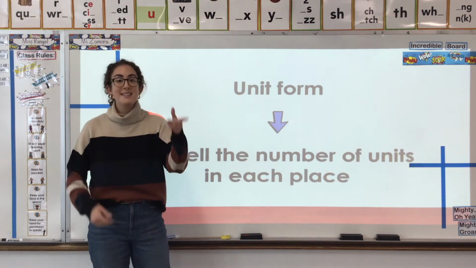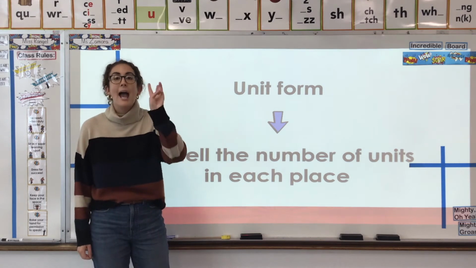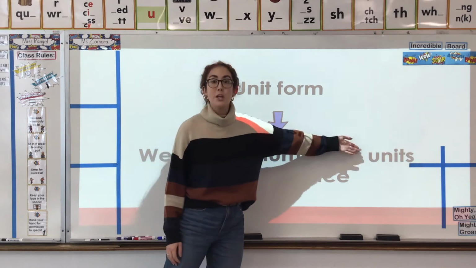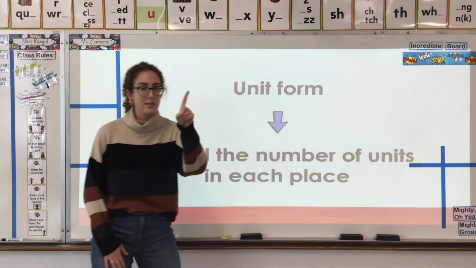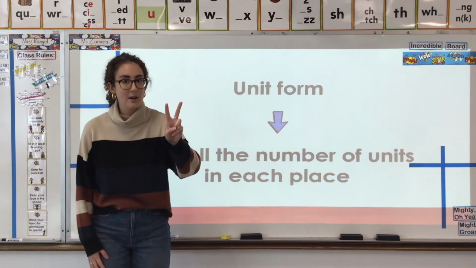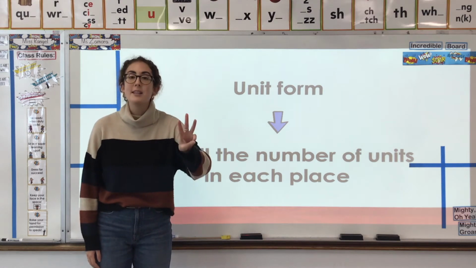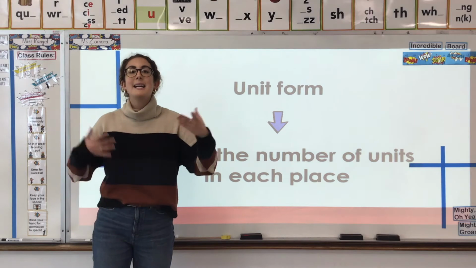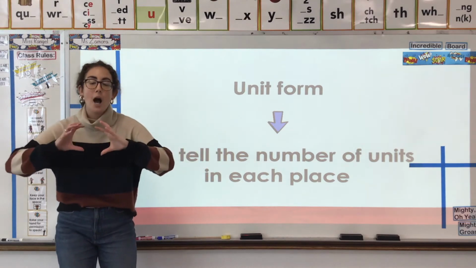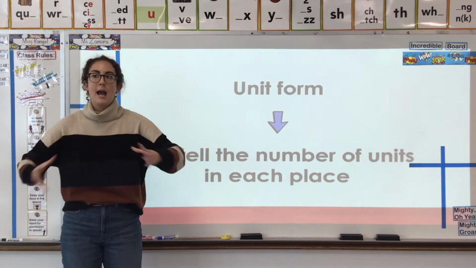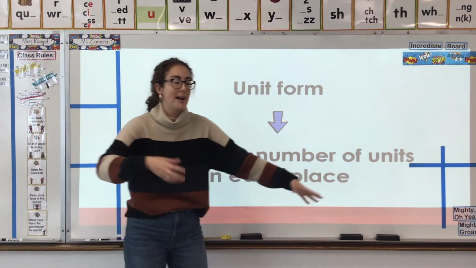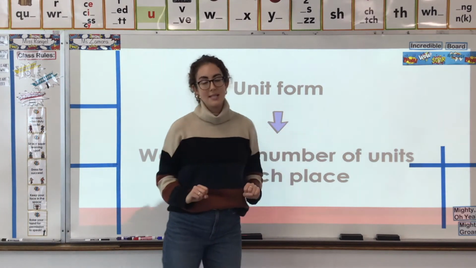In each place, the hundreds, tens, and ones, there is a digit that represents the unit. How many hundreds are there? How many tens are there? And how many ones are there? The digit that is in each place tells us how many of that group are there. How many hundreds are there? How many tens are in this number? And how many ones are in this number?